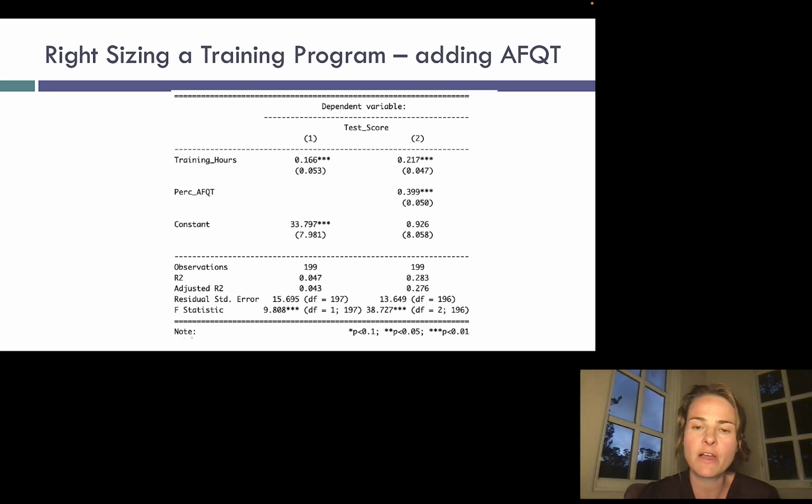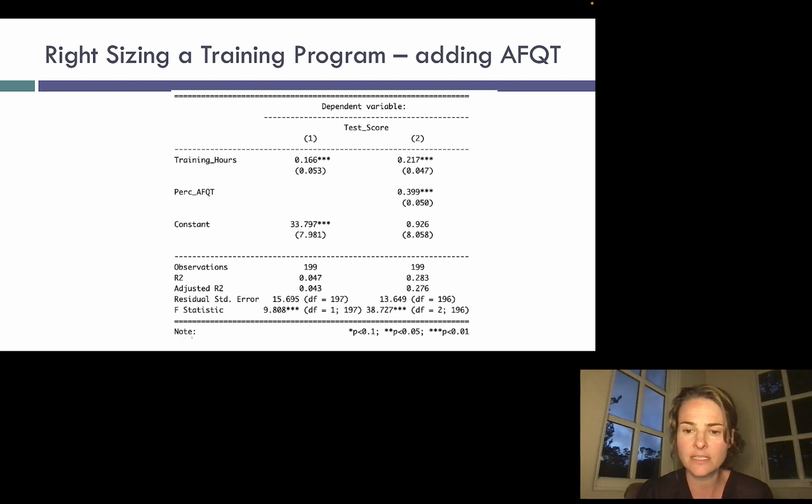If we take a look from Model 1 to Model 2, that coefficient improves a little bit. It actually is more statistically significant and also a slightly bigger impact from an extra training hour on test scores. AFQT is significant, and so it matters, right? Some sort of measure of aptitude is a reasonable measure of how well people are performing in this program, is what it's telling us.